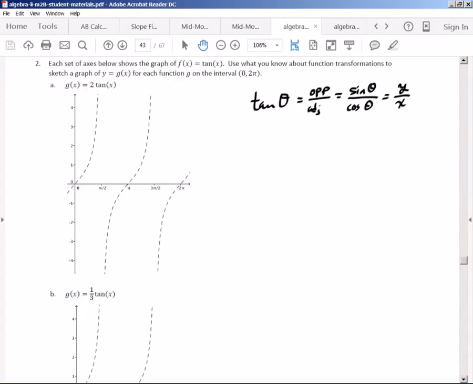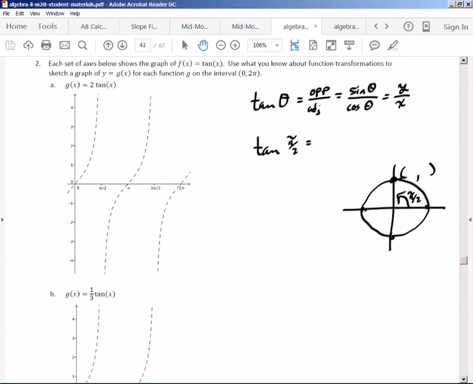So if I were to ask you what is tangent of pi over 2, you should be able to give me that answer. You just have to consider the unit circle where theta or pi over 2 is, and then think about what the coordinates are right there for pi over 2.